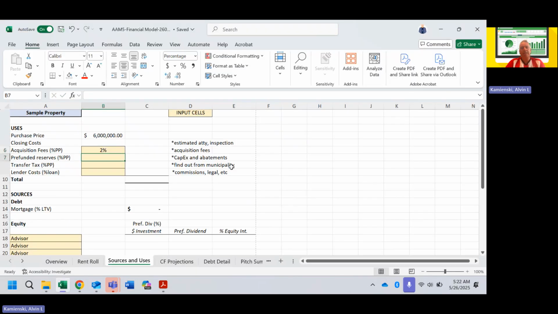So we need 2% of the purchase price to go to paying for things like attorneys. We need 10% of our purchase price set aside, like a savings account in case we need to replace windows or something.